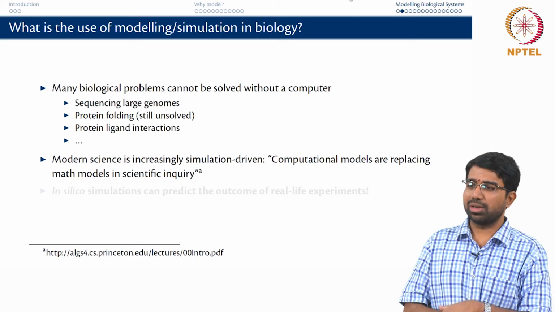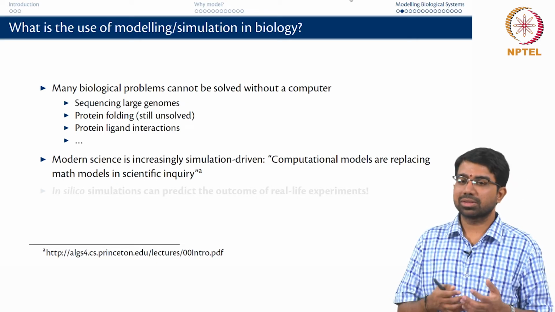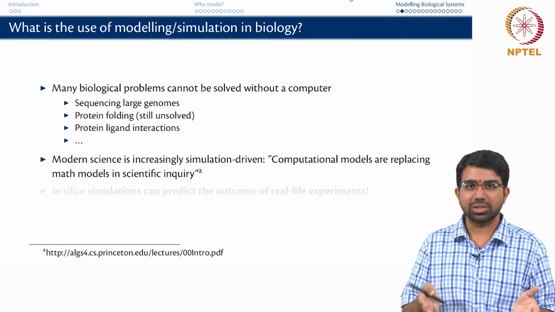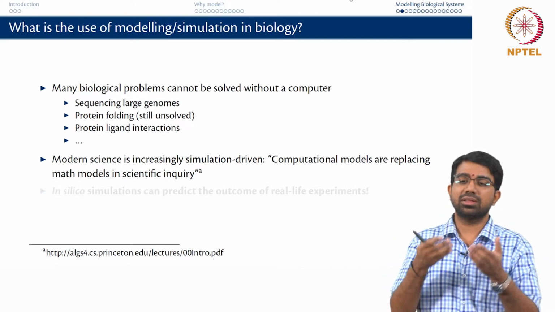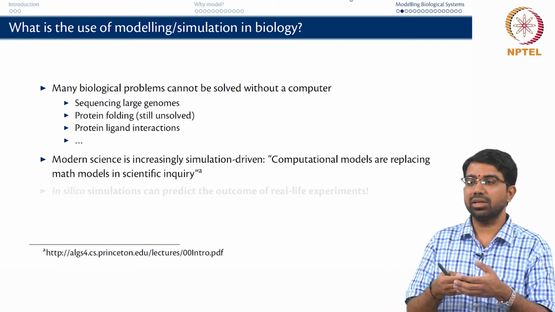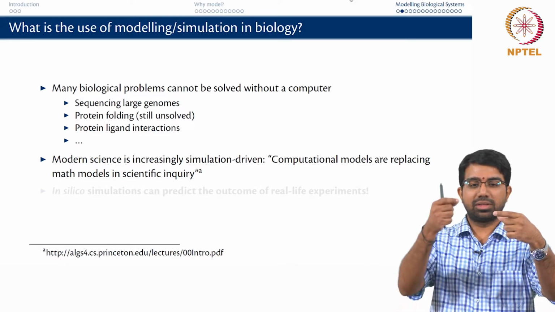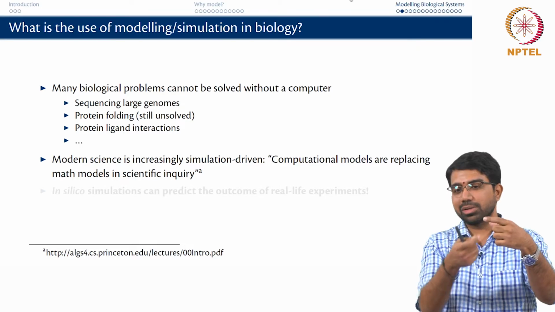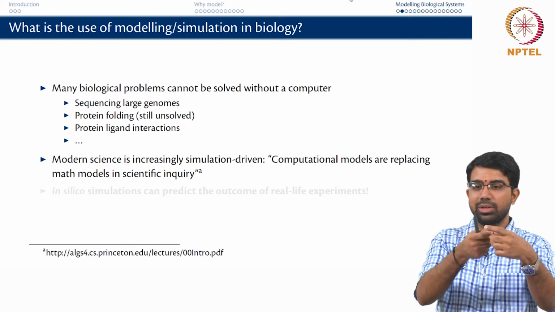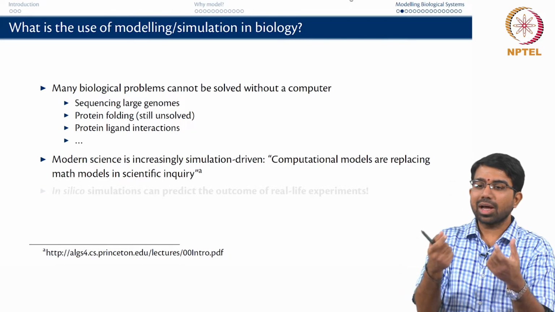Let us take a simple example. Have you all heard of molecular dynamics? So, molecular dynamics, it is not something we will do in this course, but molecular dynamics is essentially the science of studying how a molecule behaves, right. So, you have a particular protein molecule, it is surrounded by a few water molecules, maybe there is a ligand molecule which can bind to it. What happens? What will happen to the molecules?